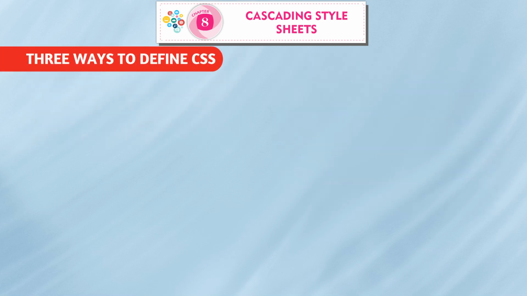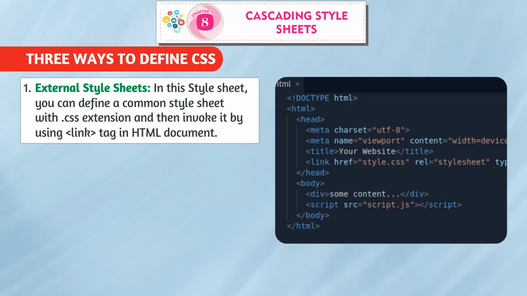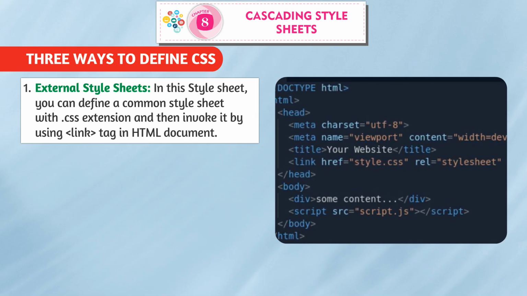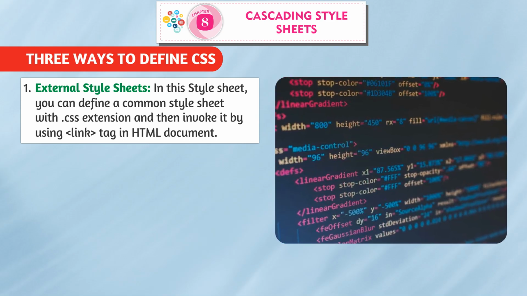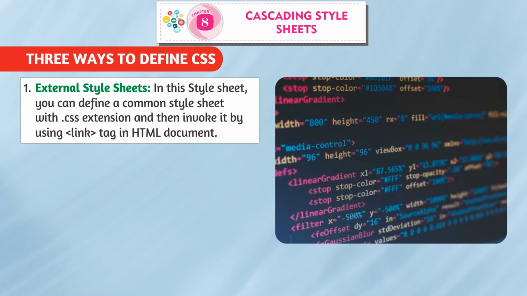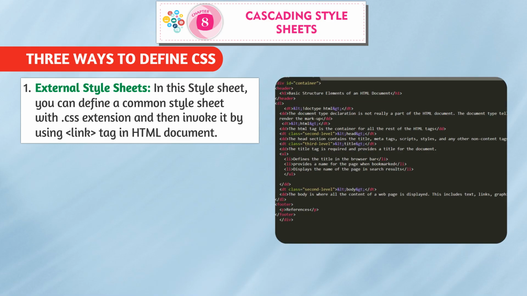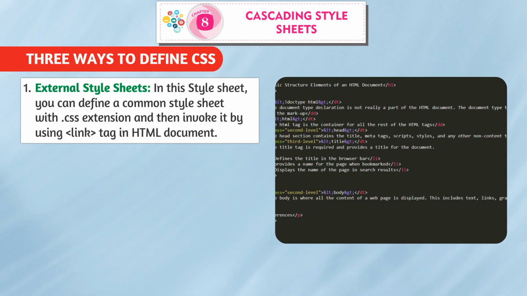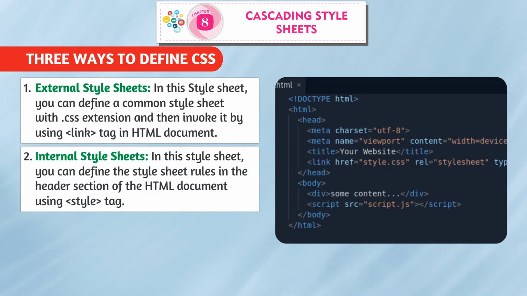Three ways to define CSS. 1. External style sheets. In this style sheet, you can define a common style sheet with a .css extension and then invoke it by using a link tag in the HTML document. 2. Internal style sheets.